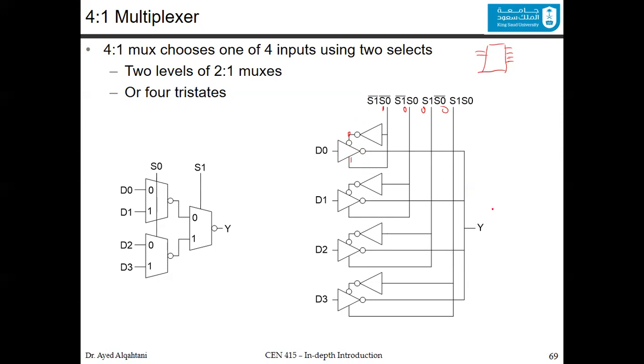So the D0 will be D0, but after you choose it. Similarly for the other one. And you can see that here we make use of the tri-state inverter. And we know that the tri-state inverter could be a restoring design.